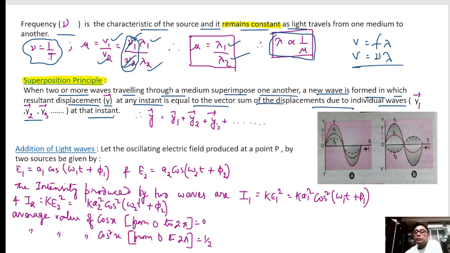Please let me make you understand. Suppose I am drawing it with two different colors so that you can understand.